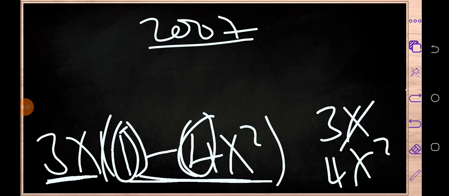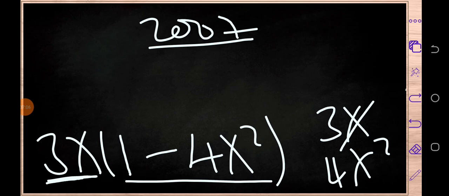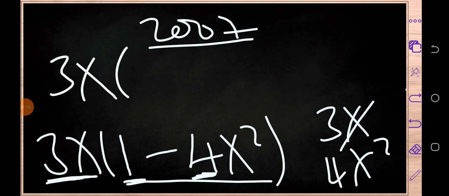We are going to write them in index form by finding their square roots. So we are going to find the square root of 1. Also, we are going to find the square root of 4. So our question will look like this.